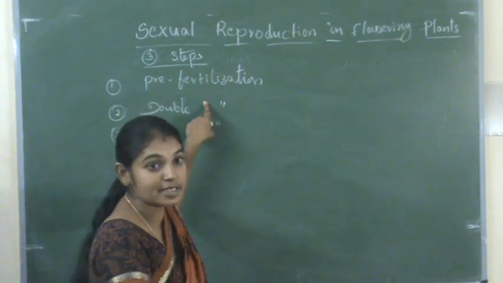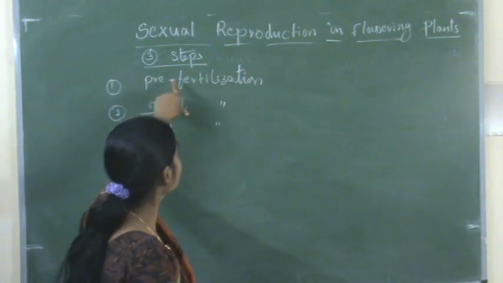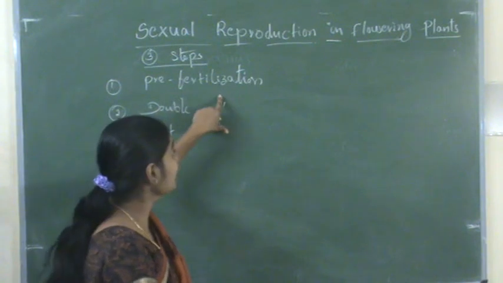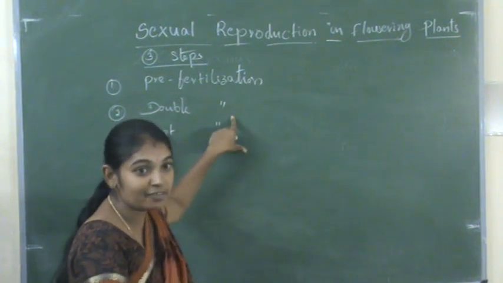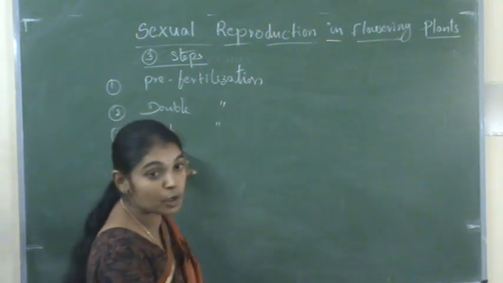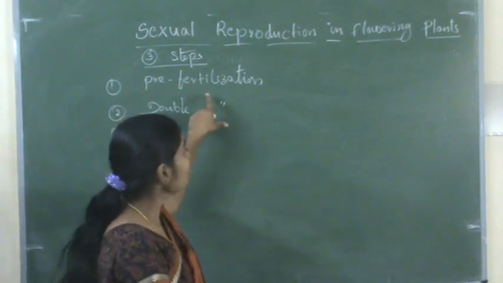In flowering plants, the sexual reproduction is studied under 3 steps: pre-fertilization events, double fertilization, and post-fertilization.